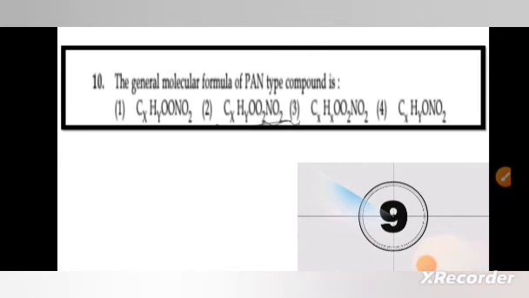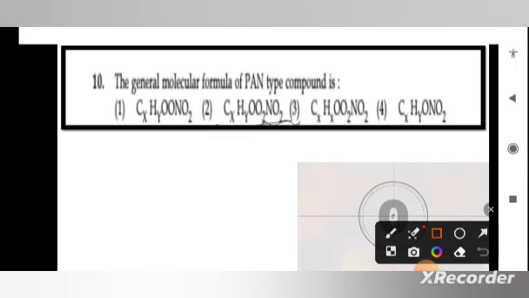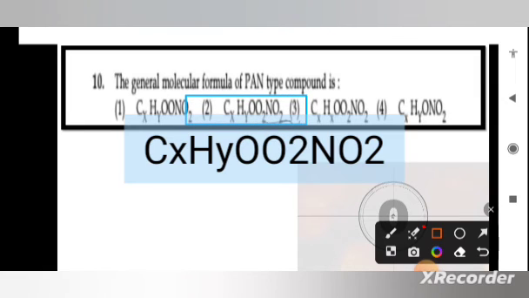Next question is, the general molecular formula of PAN-type compounds is? And here the correct option will be option second, that is CxHyO2 and NO2.